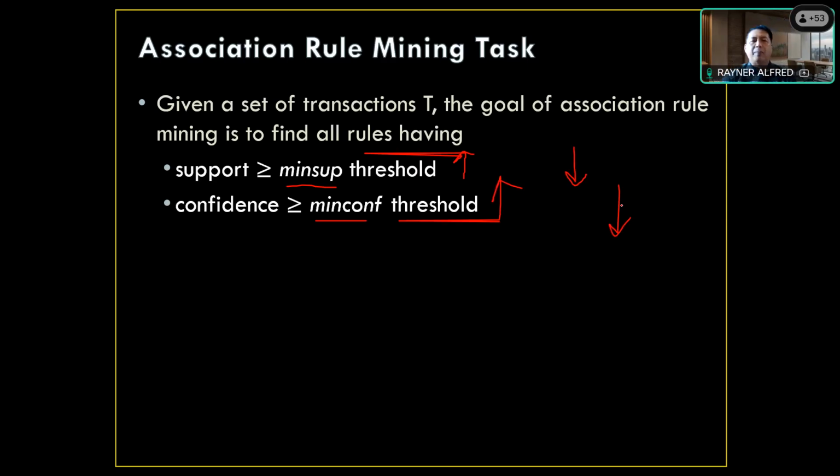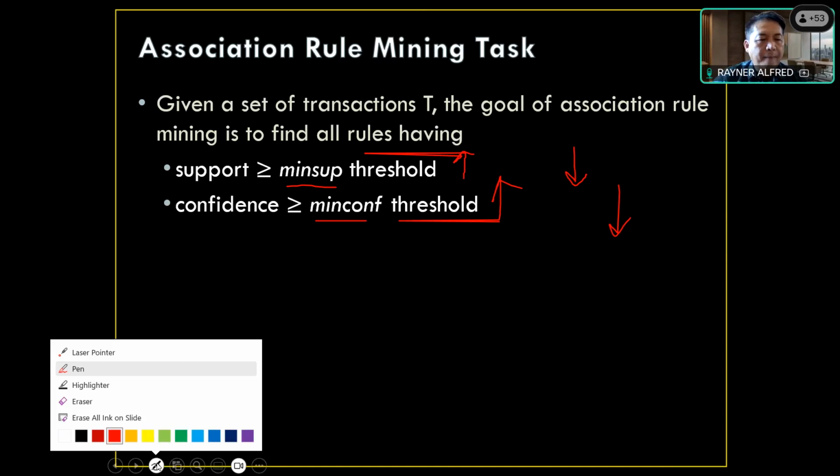So finding the optimum values for minimum support and minimum confidence is another study. But in this class, we just set the minimum support to be 2 or 3, and we see how it looks like. What are the rules that we can get from these values?